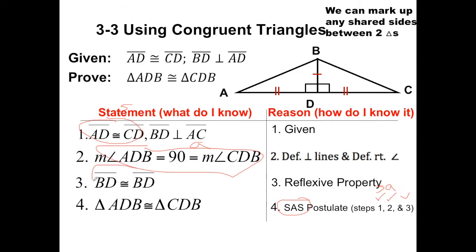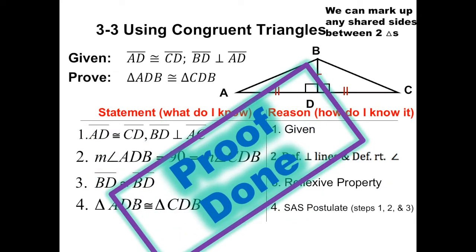And in step 3, we got another side that includes the angle that the other side includes as well. So we know that we can say SAS here. So notice here, you need to say those 3 things in order to then assert that the 2 triangles are congruent to one another. And with that, our proof is done. Heck yeah, we did it.